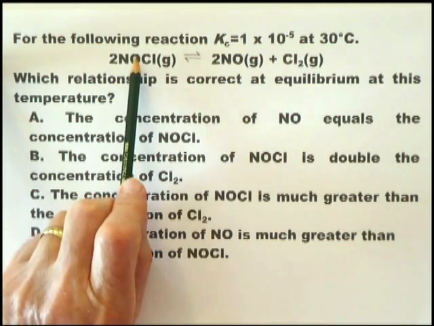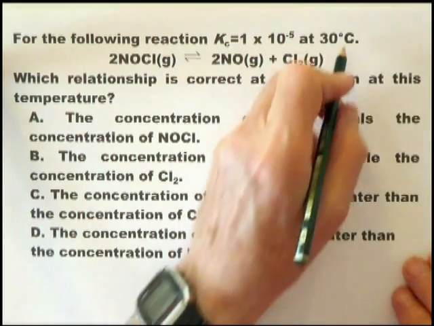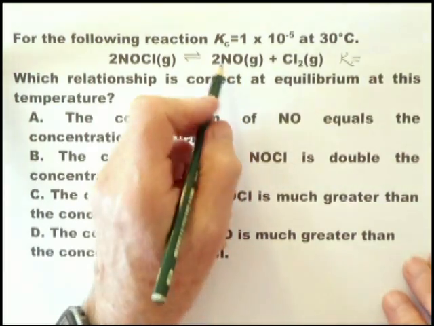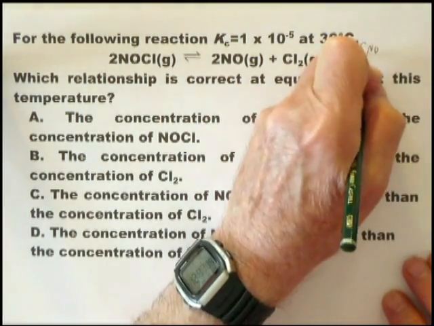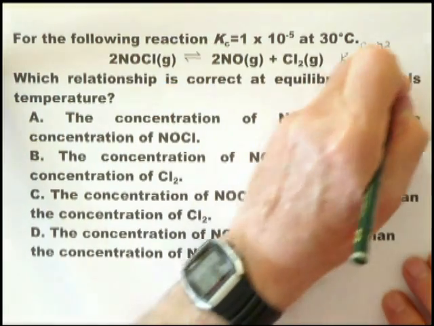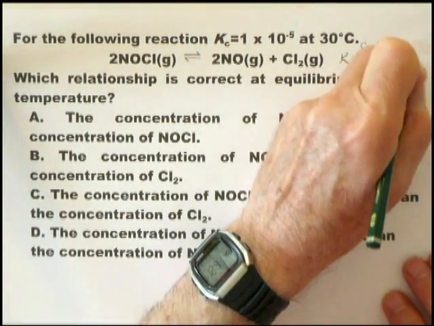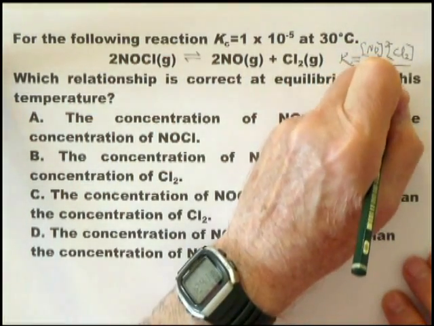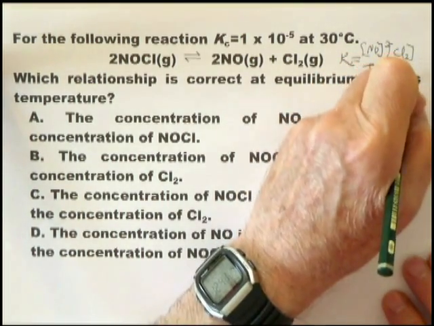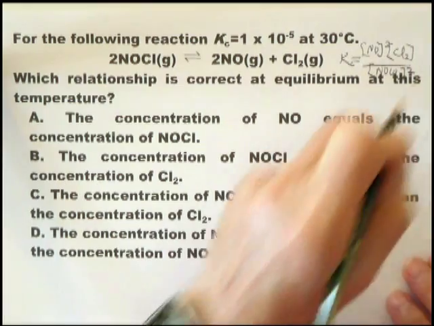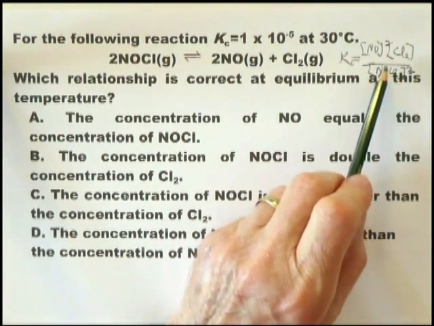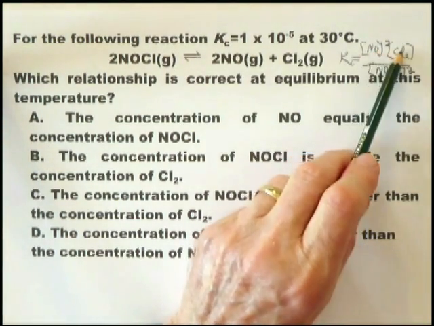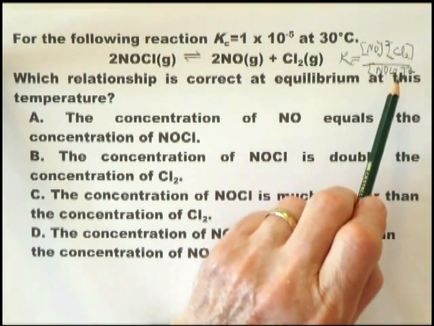The material stays here because if you do the equation for Kc, that's [NO] squared [Cl2] over [NOCl] squared. This is small, close to 0, therefore there's a lot of that there and insignificant quantities of those two.